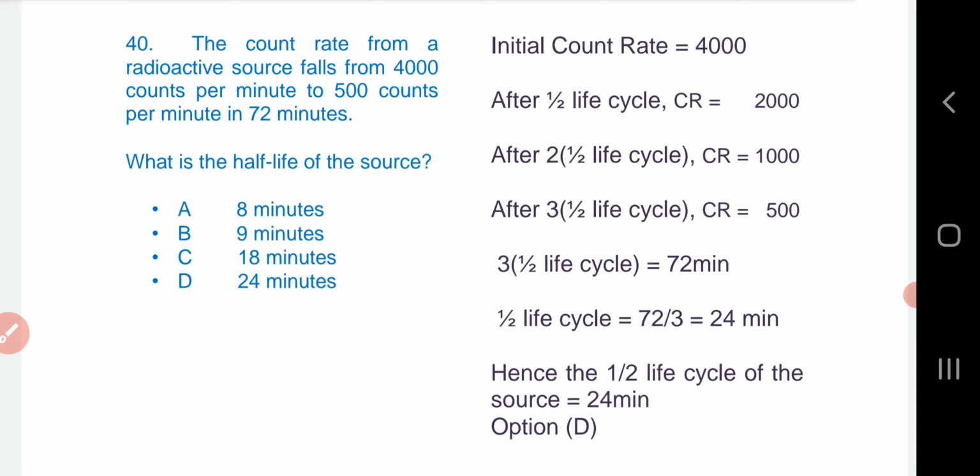That means 1 half life cycle is 72 over 3, which is equal to 24 minutes. Hence, the 1 half life cycle of the source is 24 minutes, and the answer is option D.